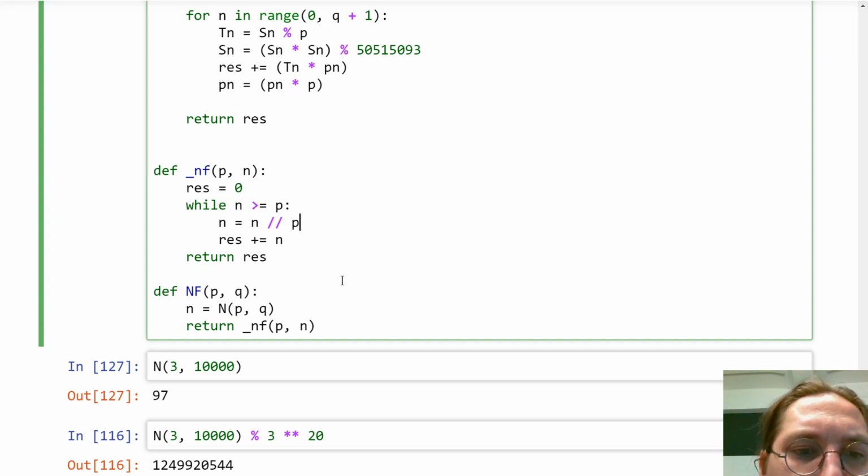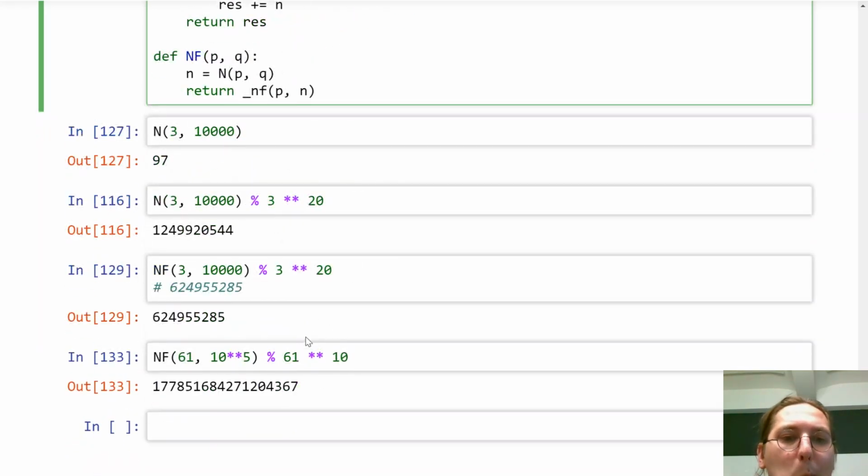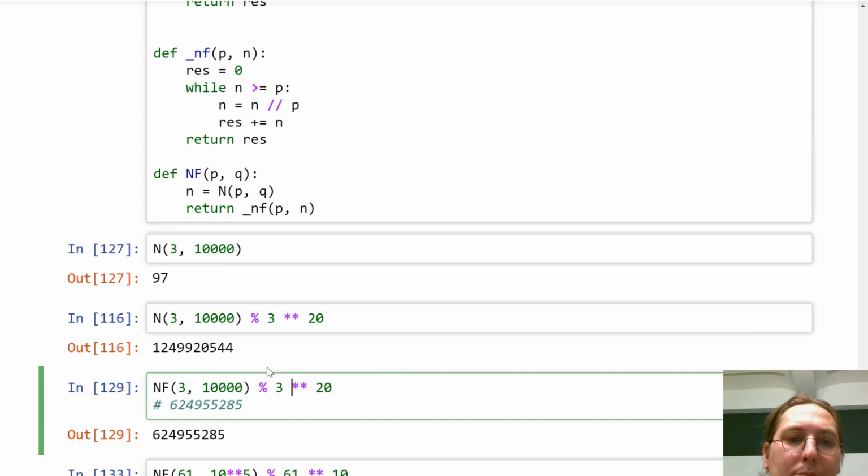Can we do it there? For the previous test, but here we can do max res, the 3 to the power 20.